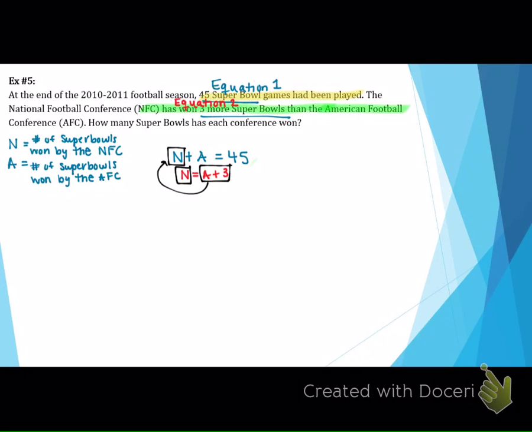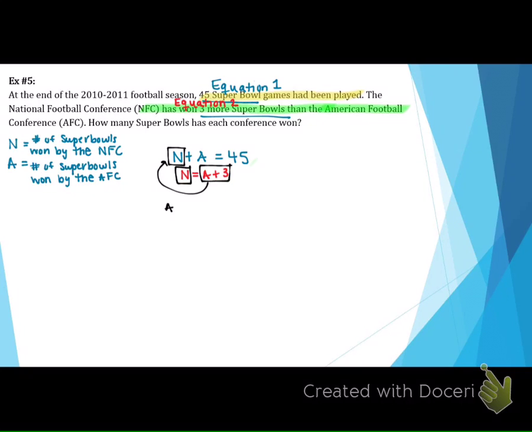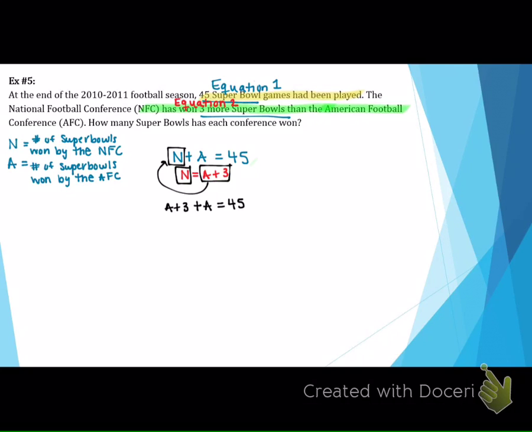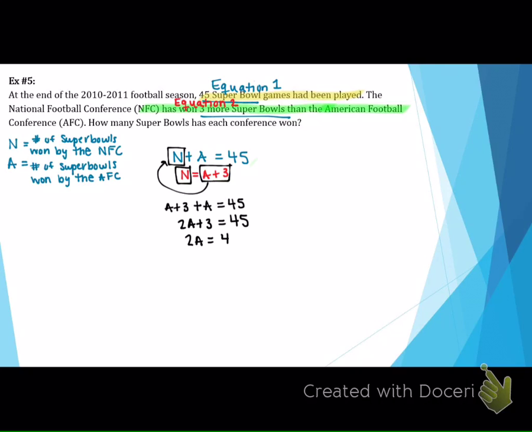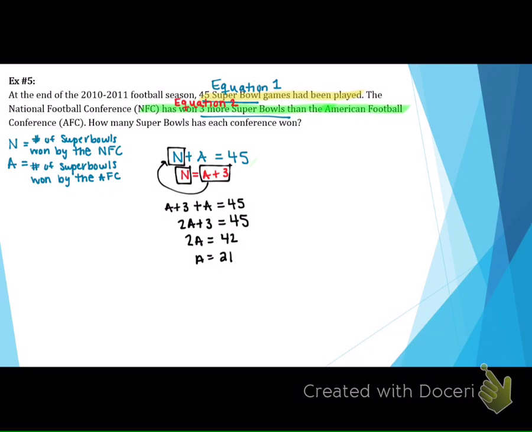So we can take the A plus 3 and plug it in for the N. So I get 2A plus 3 equals 45. So I get 2A equals 42. So A equals 21.